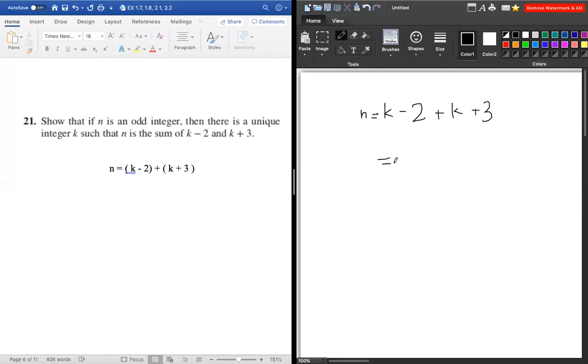Now we have k plus k, which is 2k, and minus 2 plus 3 is plus 1. And this is n. So let's solve this for k. So (n minus 1) divided by 2 is the value for k in terms of n.